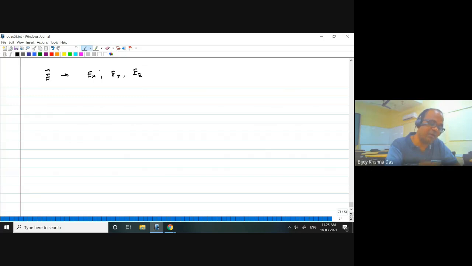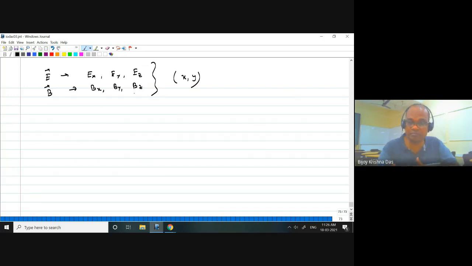Let us consider that all three components are there for the moment, and for the magnetic field also, three components. As I mentioned earlier, all these components must be a function of xy individually. Their profiles may not be the same because they are related through Maxwell's equations.